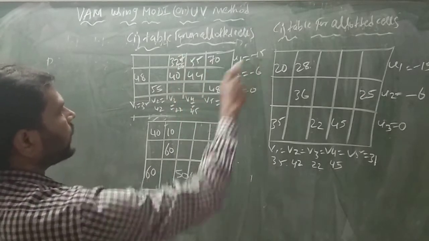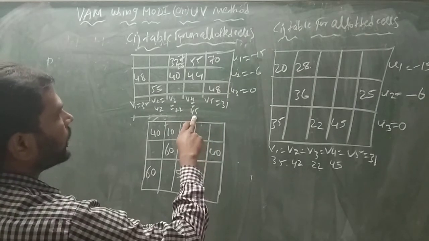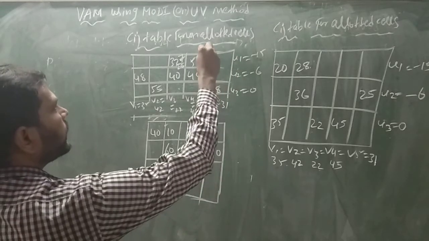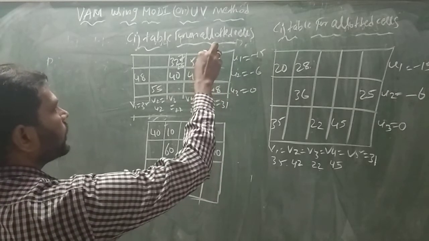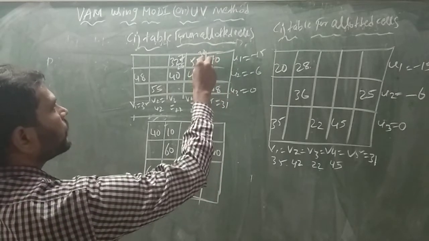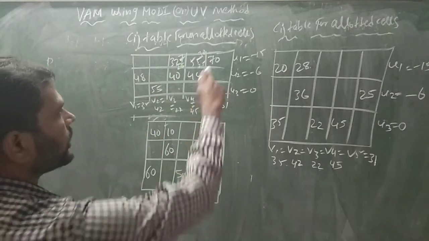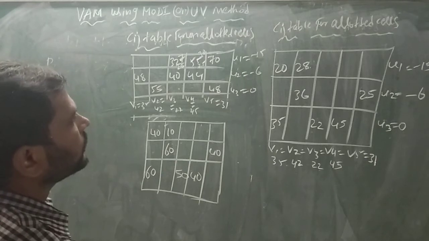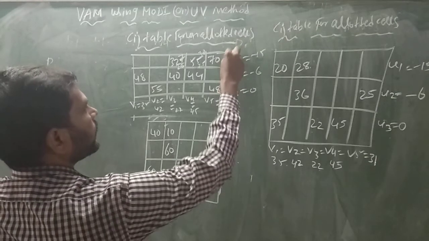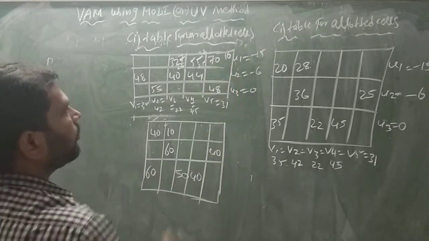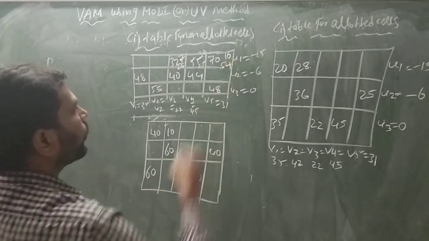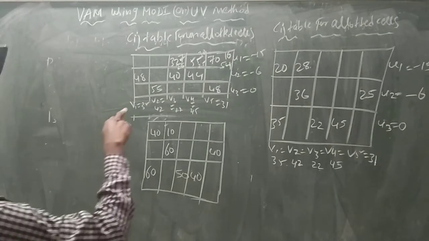In this row minus 15, column is 45. So add this value, 30. So 55 minus 30 is 25. Next one is 70. 31 minus 15 is 16. 70 minus 16 is 54.